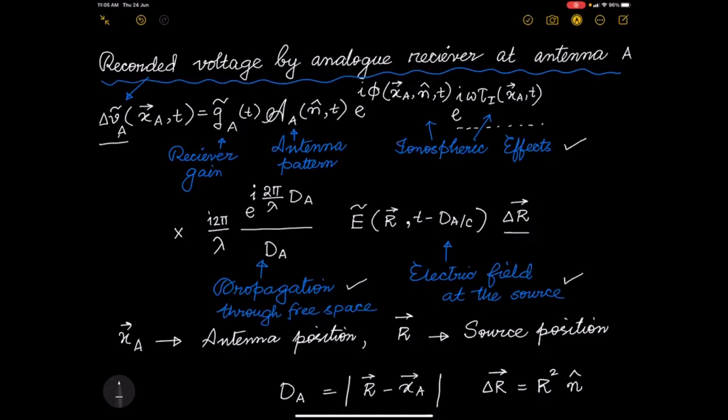If it were an optical signal, which is like 10 to the 14 hertz, there is no computer that exists today which has a clock speed as fast as 10 to the 14 hertz, such that you can actually measure the electric field content of the optical signal. Here you can measure the electric field content, the frequency content, the time variation of the signal, which lets you measure the electric field with its phase. And that's an advantage.